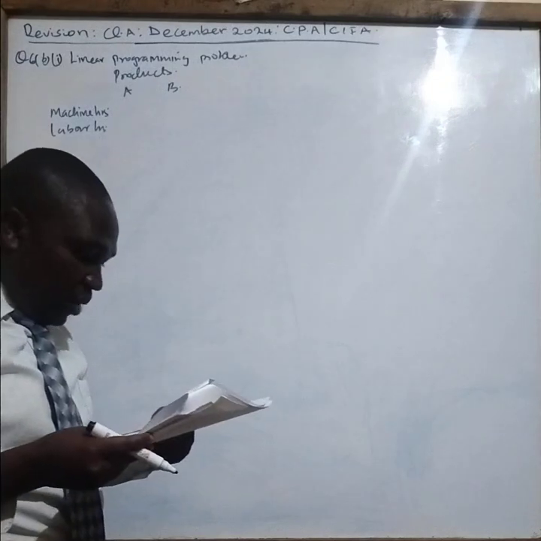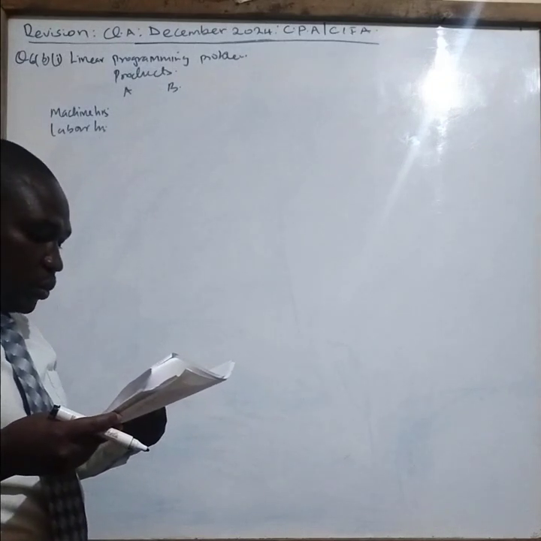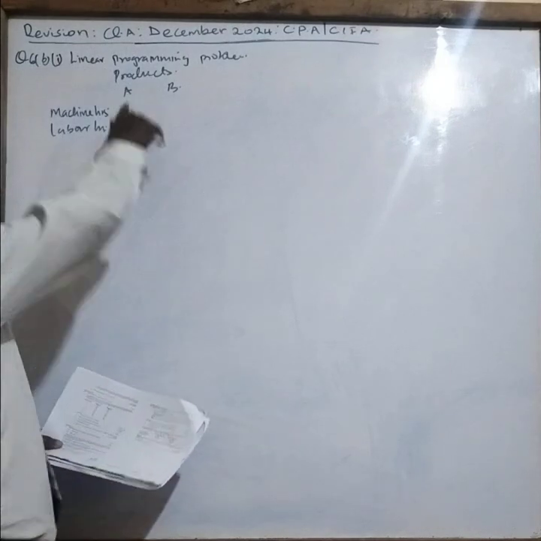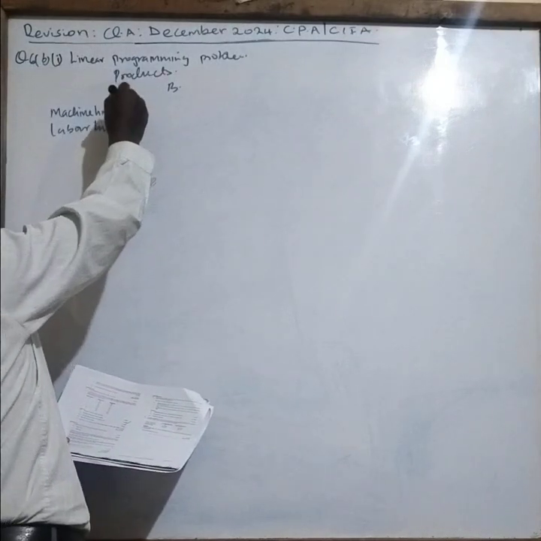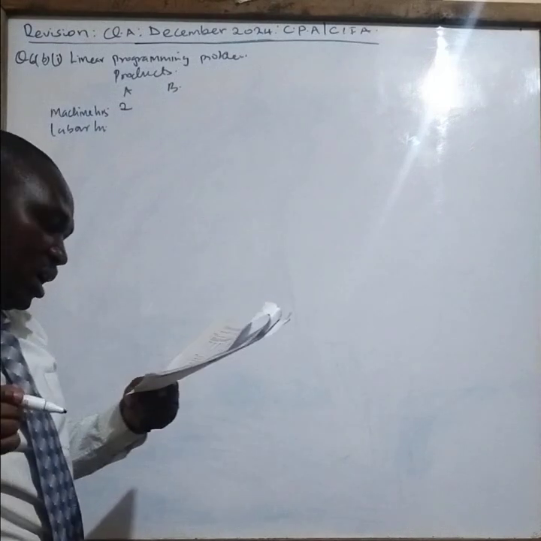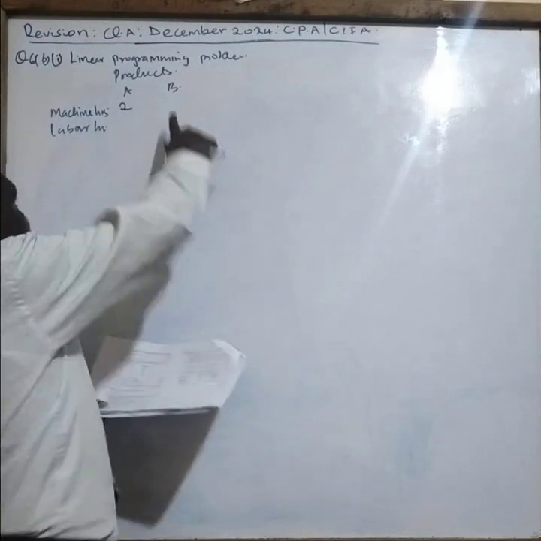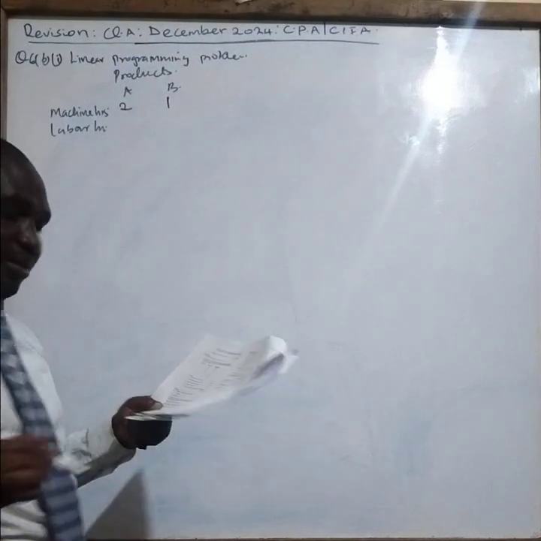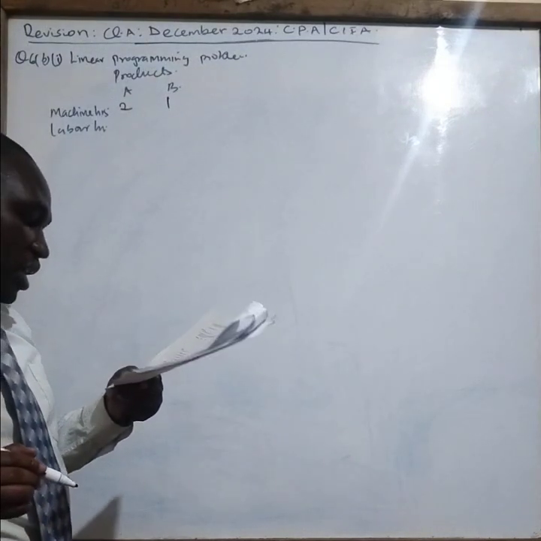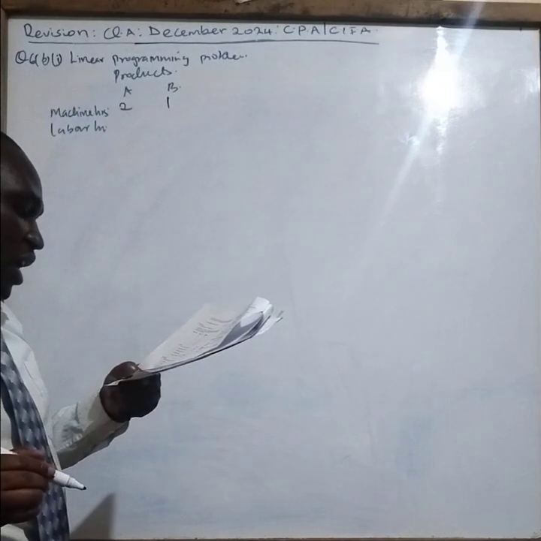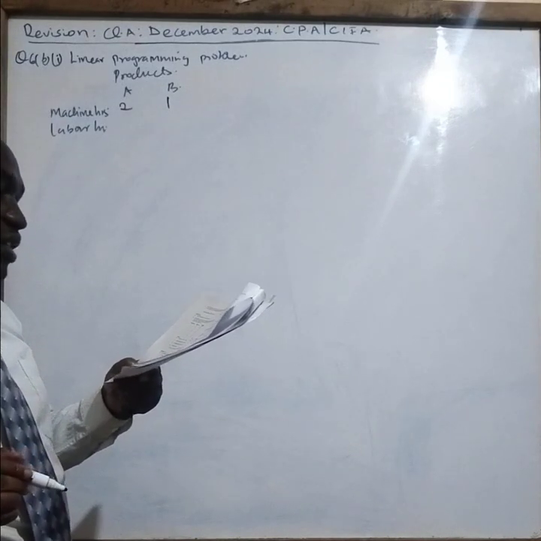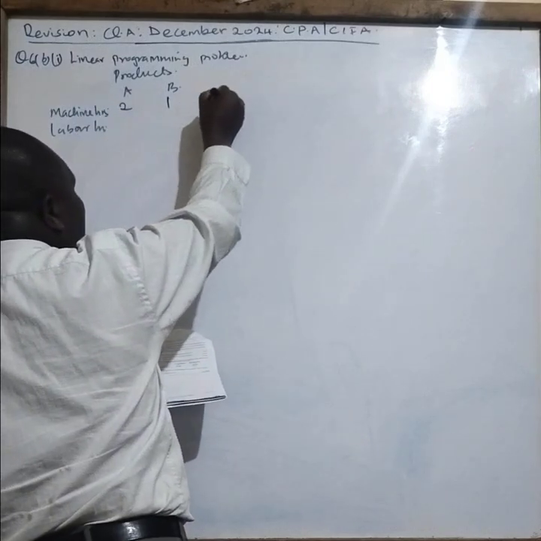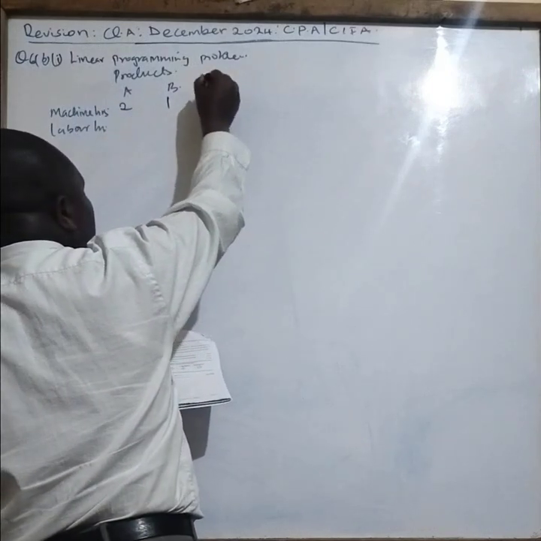Let's read one by one. Each unit of product A requires 2 hours of machine time, while each unit of product B requires 1 hour of machine time. The company has a maximum of 100 hours available, meaning for machine hours, the available hours are 100 in total.